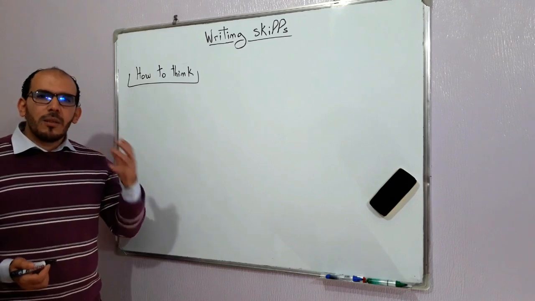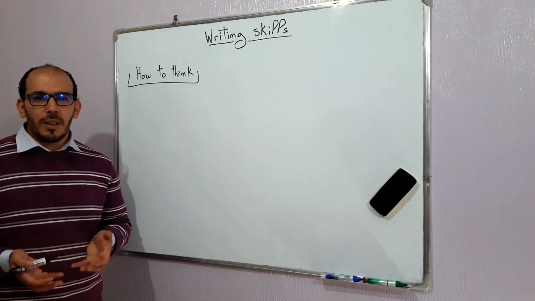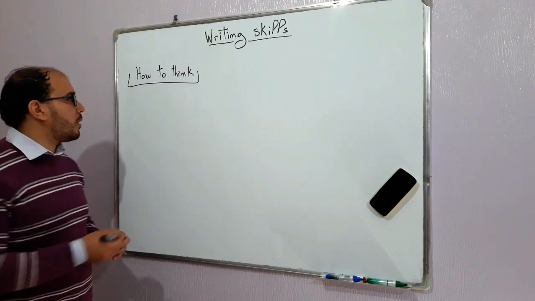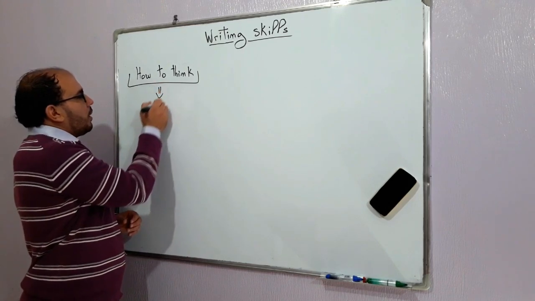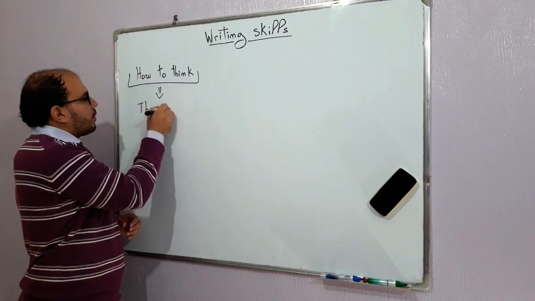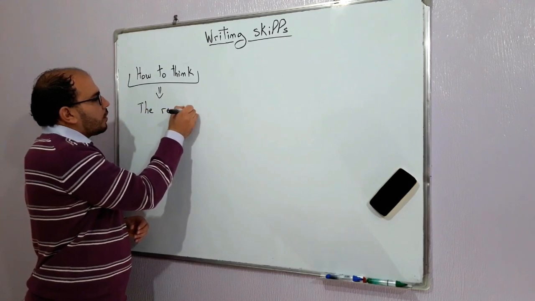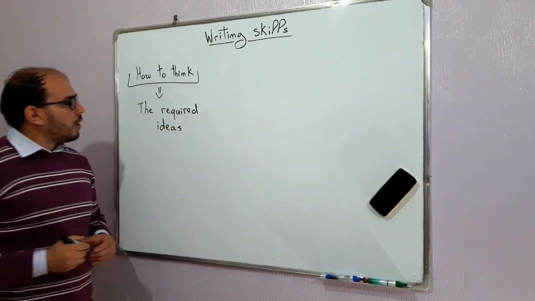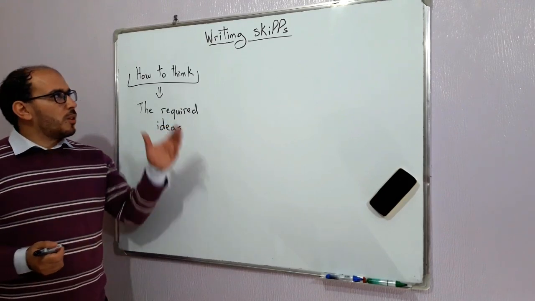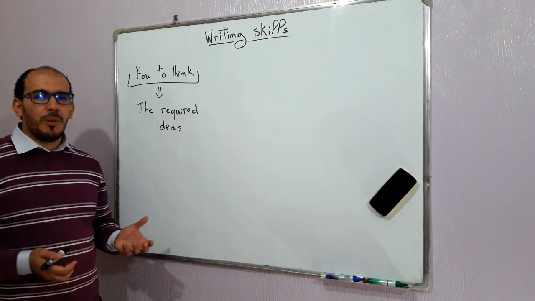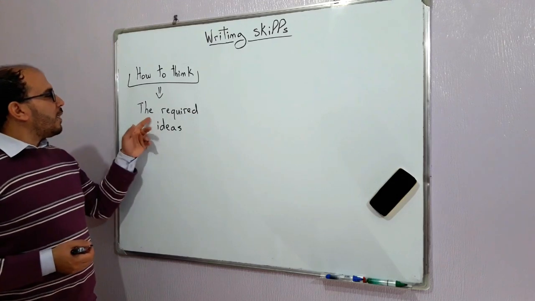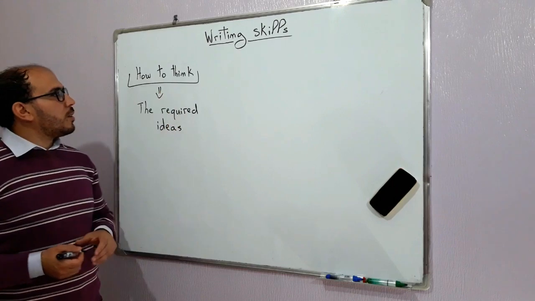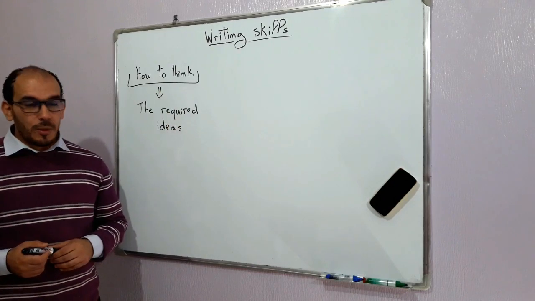So you should think of how to think, because the way you think facilitates your understanding of the topic and then write about this topic. And that's why here we are talking about the required ideas. So I'm going to share with you certain skills that really help you to shed the light on the required ideas, and this is what we call how to think.